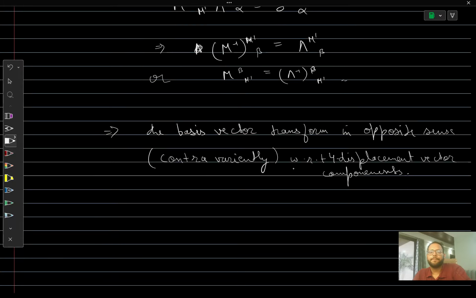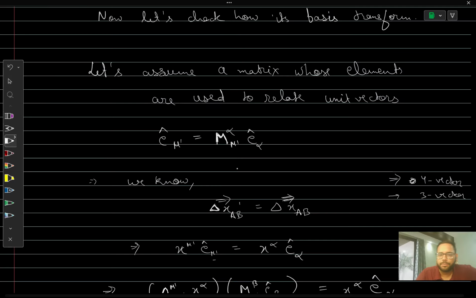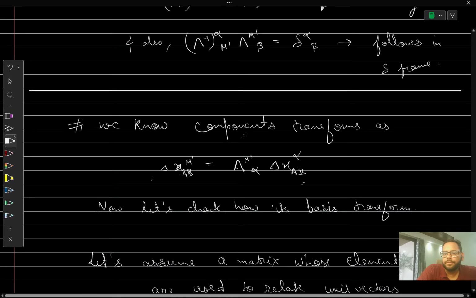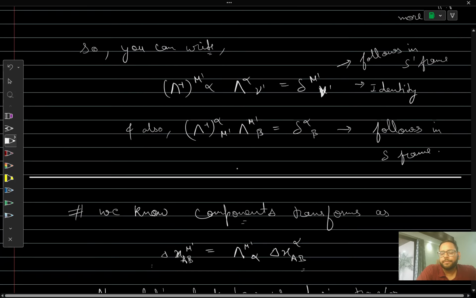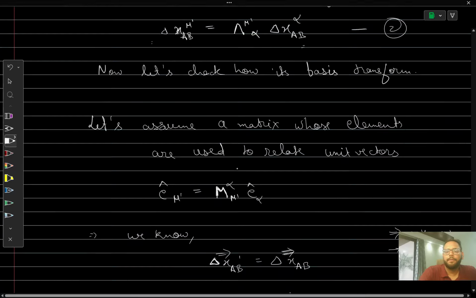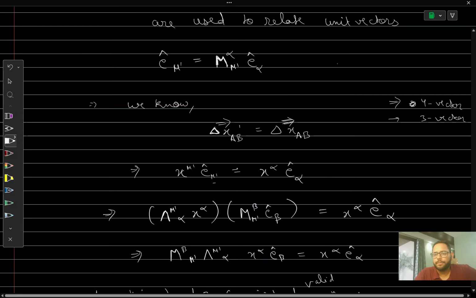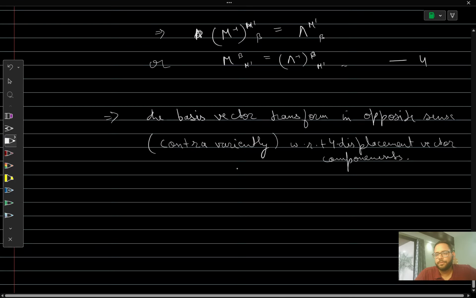Okay, so I can write this using this equation, which one I had assumed. Just wait. Let's mark it second, let's mark it third, let's mark it fourth.